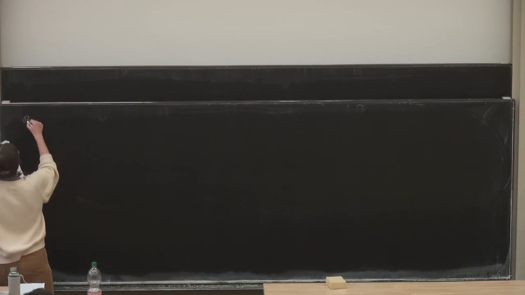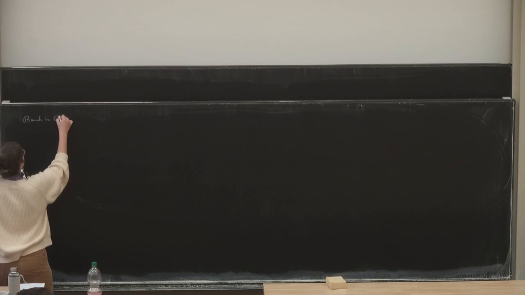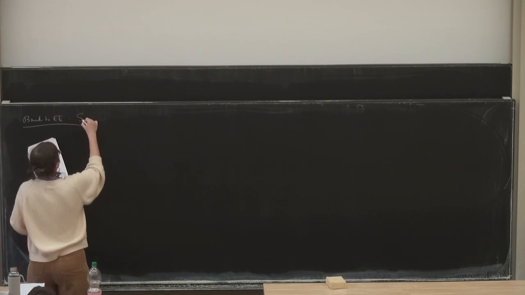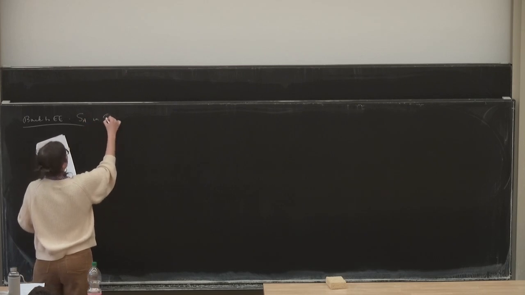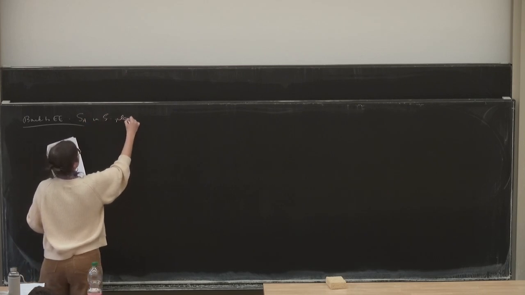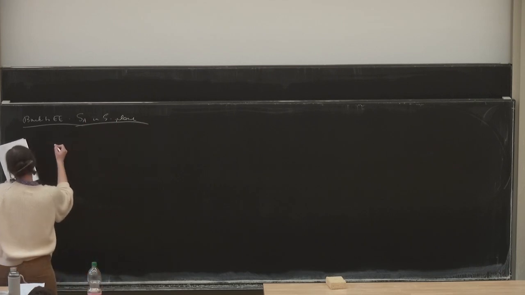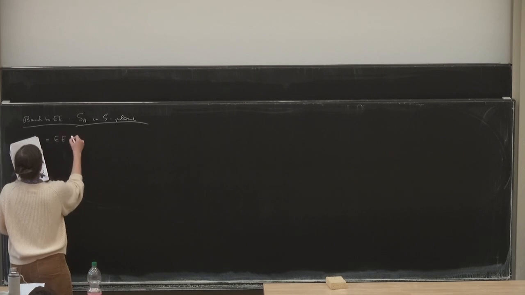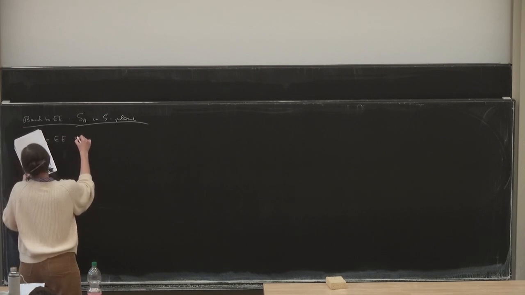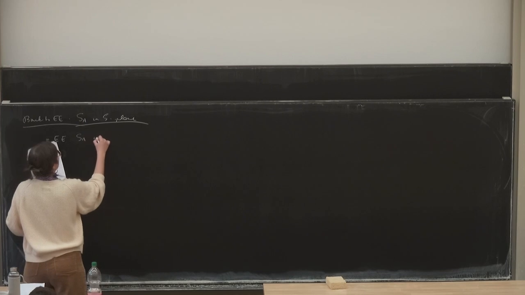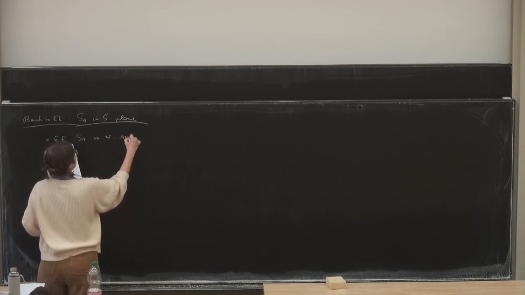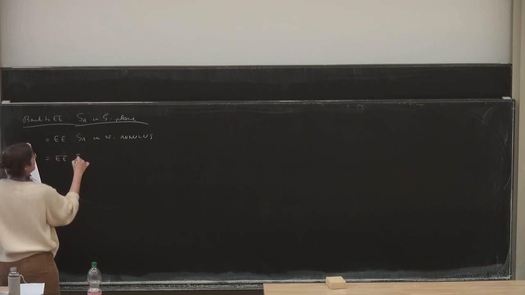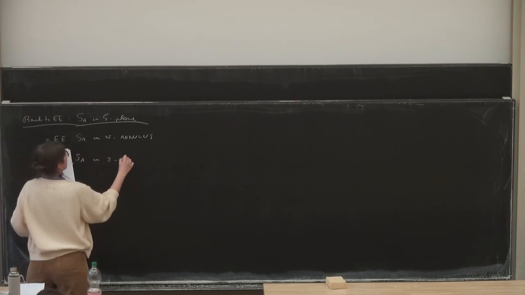Okay, so let's go back to the entanglement entropy. The entanglement entropy that we were interested in was the entanglement entropy in the z-plane for an interval A. The statement is that this is equal to the entanglement entropy S_A in the w annulus and equal to the entanglement entropy in the z cylinder.